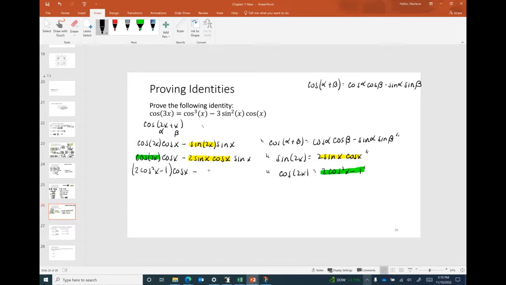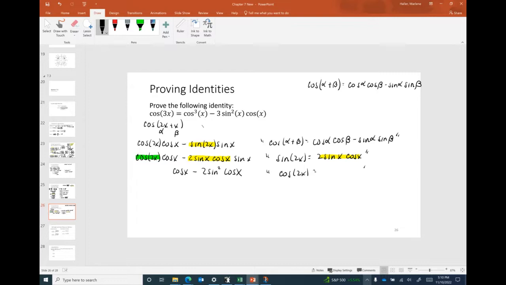Then minus 2, and the sine times the sine is sine squared, so I'll do 2 sine squared and cosine x. Now, this version is almost getting us where we need to be, but not quite. So let's back up and let's try something else.